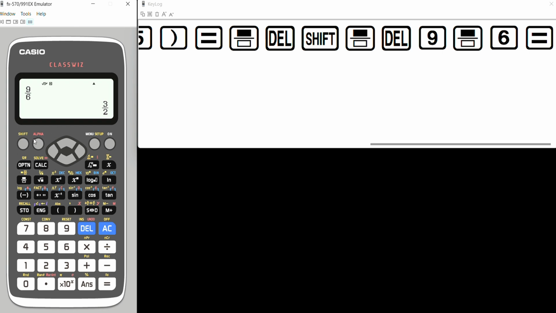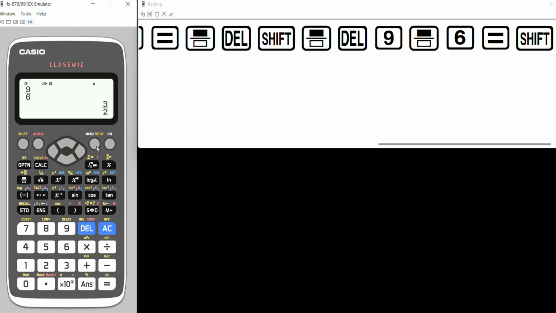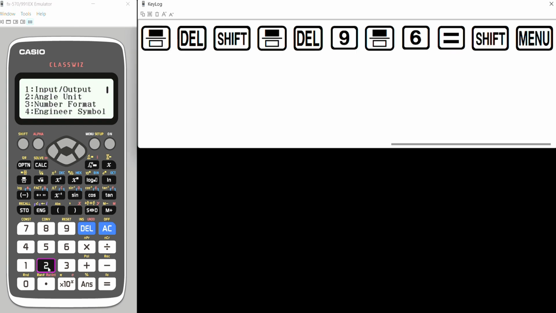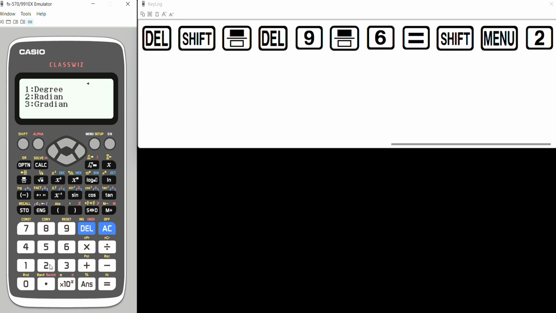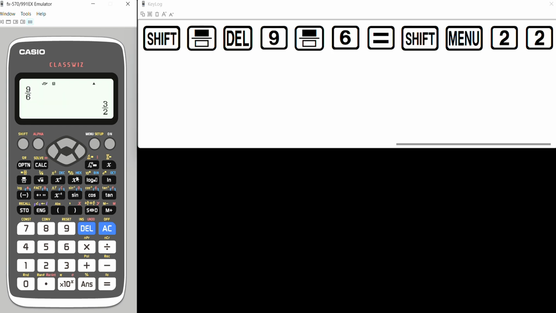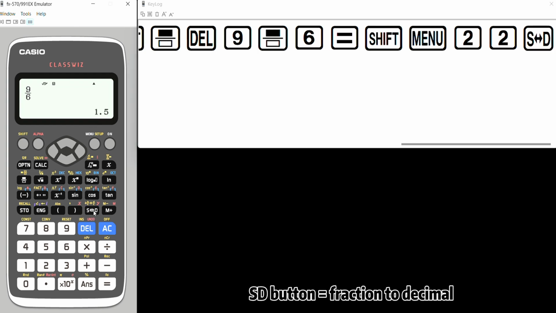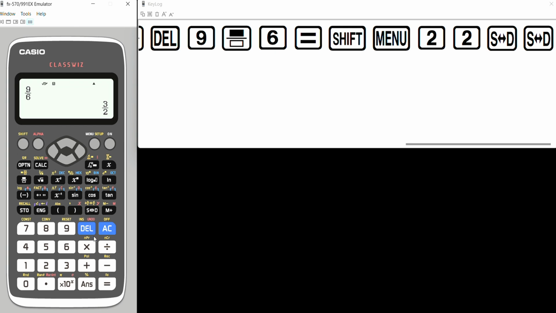For the further maths operation, if you want to switch from degree to radian, you press shift and then menu, and then you go to 2, and then you can change it to radian. So now your calculator is in radian mode. And then there's the SD button, switching from fraction to decimals. And I think that's almost it.